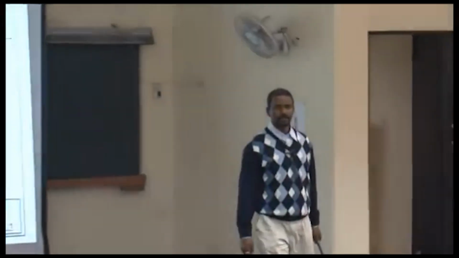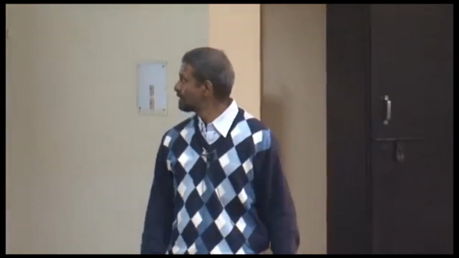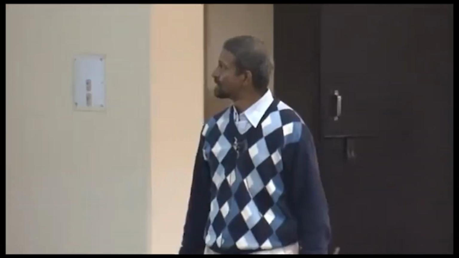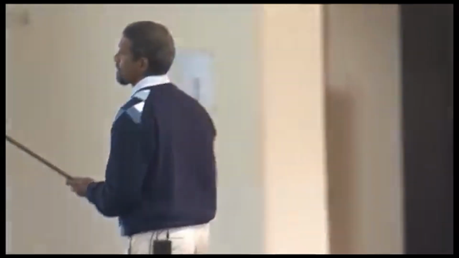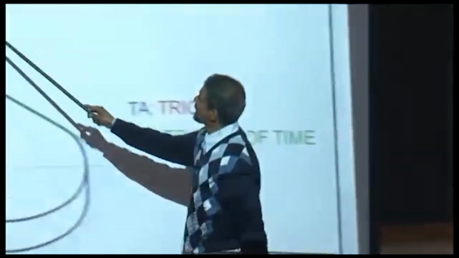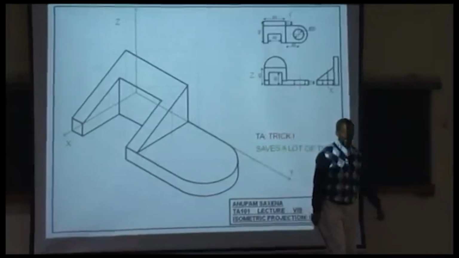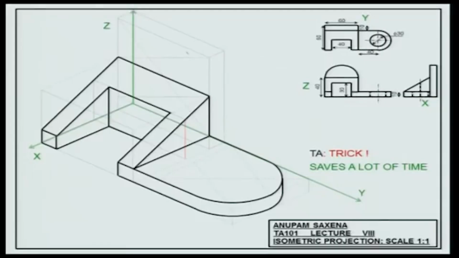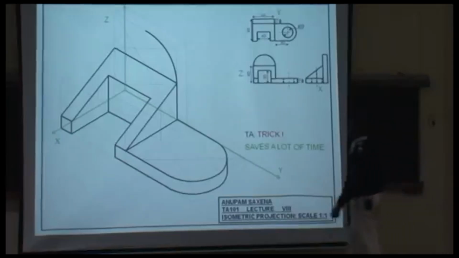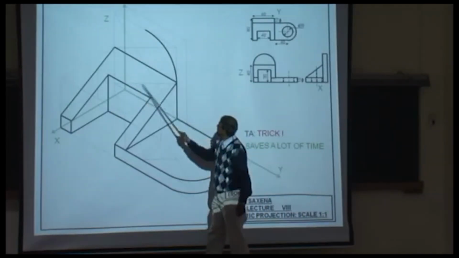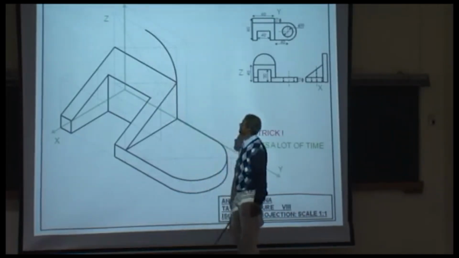I identify the longest diagonal. The same method, four-center. I get four centers here: first two centers, the third center, the fourth center. Again, I need to draw only half an ellipse. With this point as center, this as radius, I draw this arc.